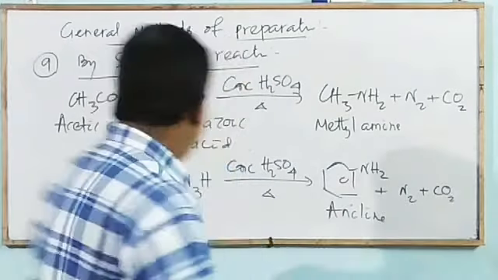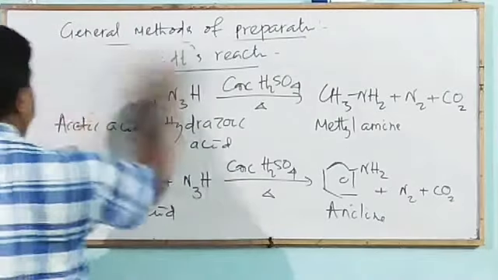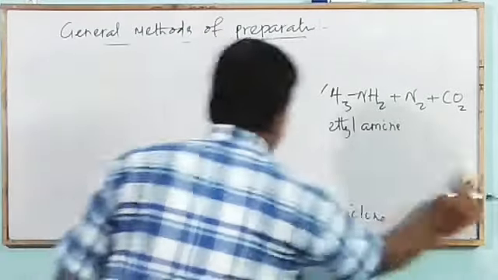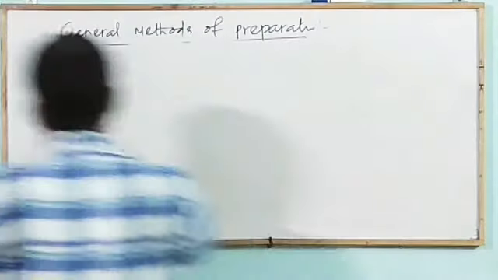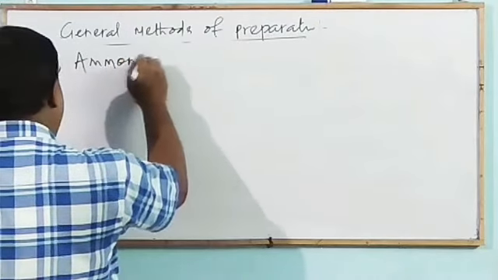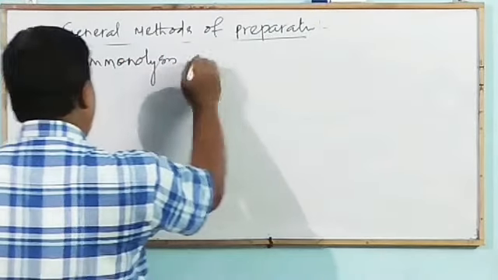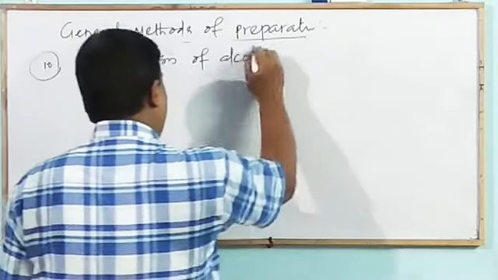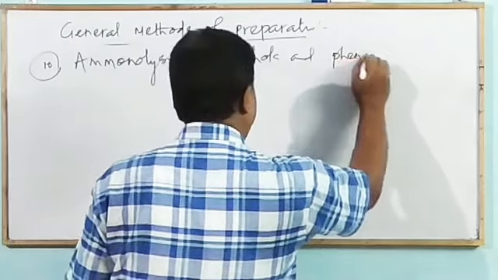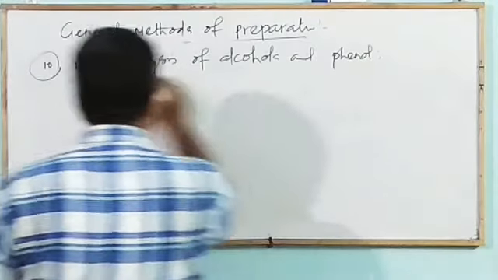Mark that. The last method, number 10, that is ammonolysis of alcohol and phenol. What is the statement?